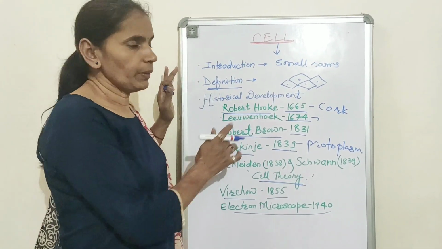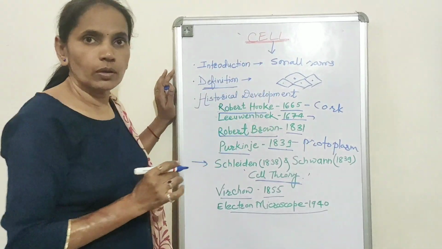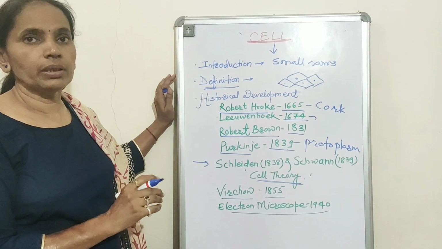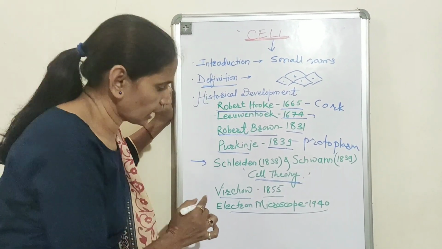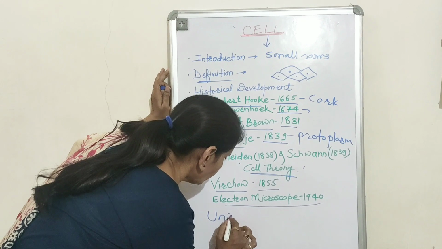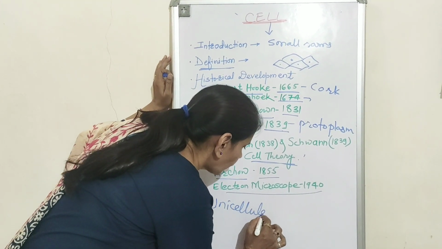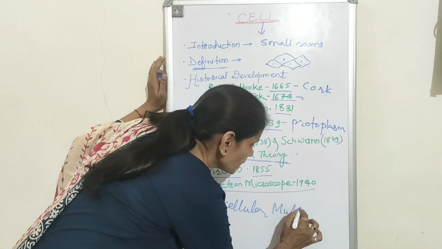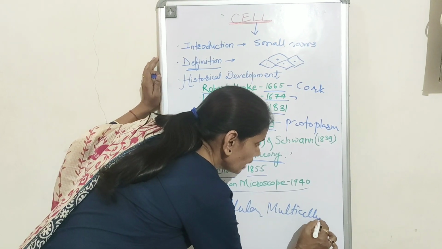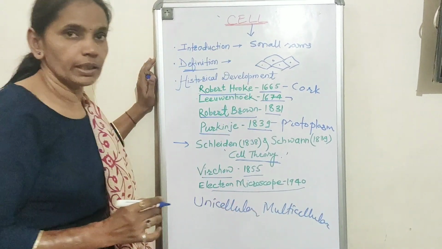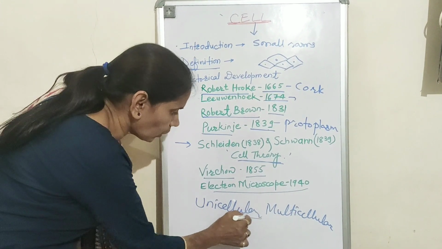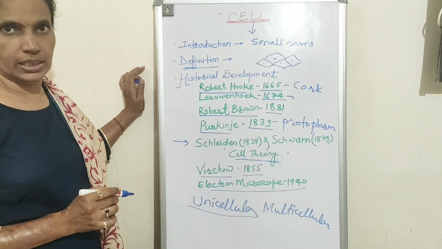Depending on the number of cells in an organism, organisms may be classified as unicellular and multicellular organisms. The organisms which are made up of a single cell are called unicellular organisms.